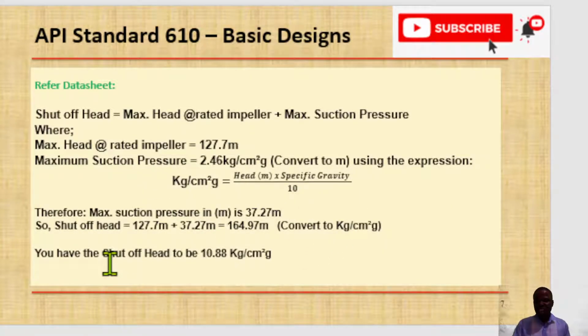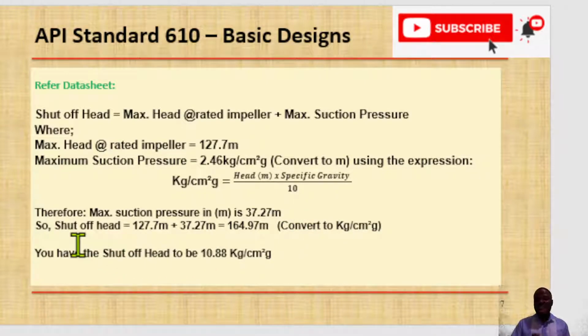So with this expression, you get your maximum suction pressure in meter to be 37.27 meter.